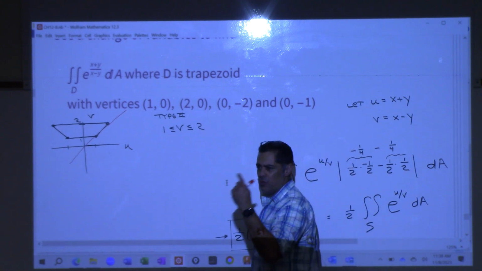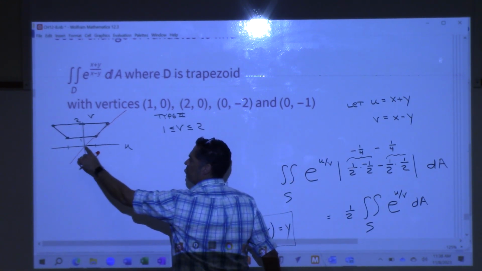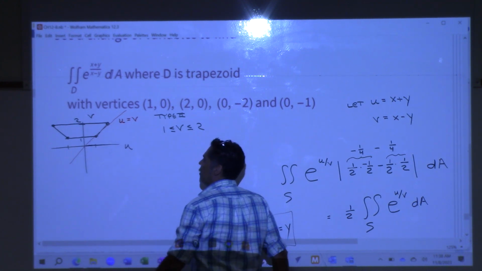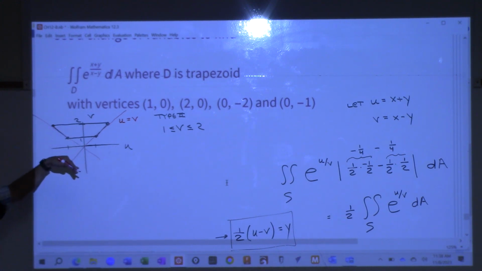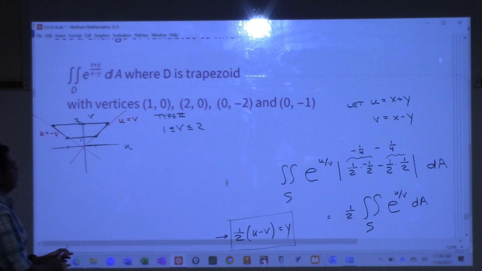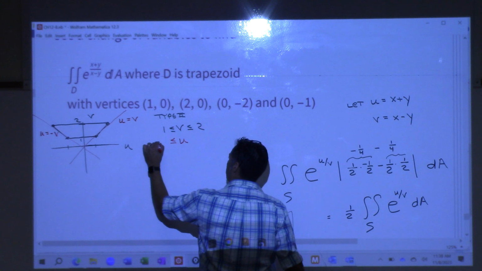You can just tell visually, right? Up 1 over 1, and it goes through the origin. So this is u equals v. And then this one is the same thing the other way, negative slope. u is negative v. And so what's my u between? Negative v and v.